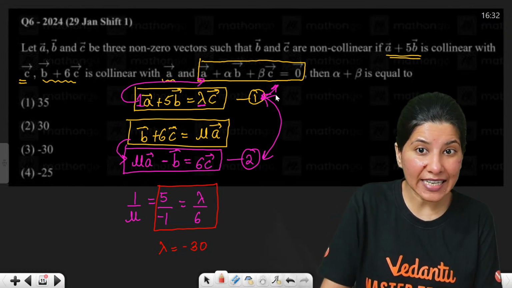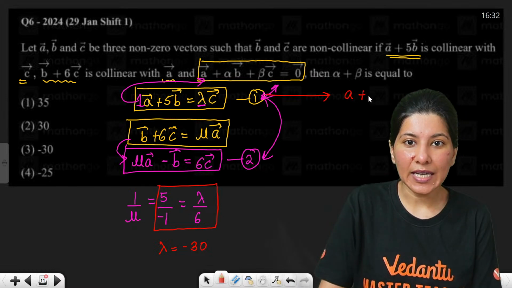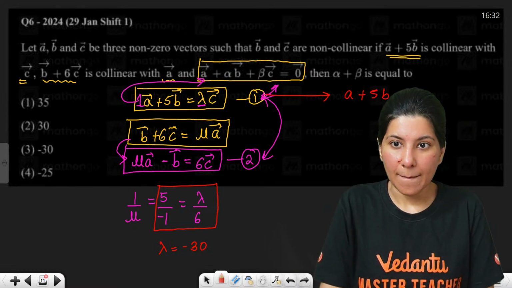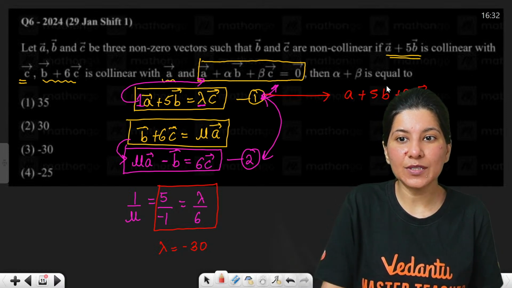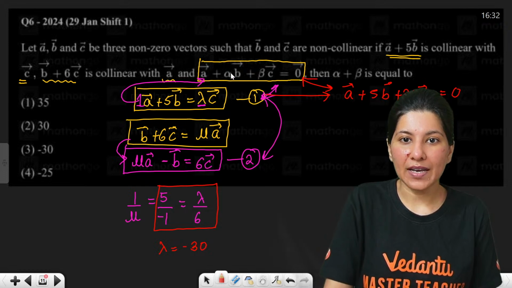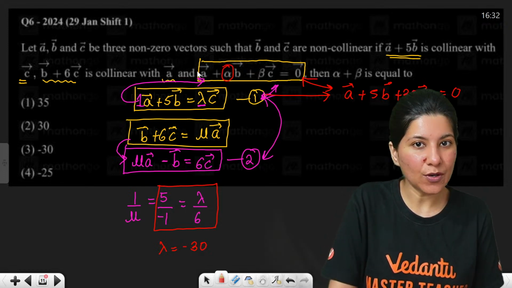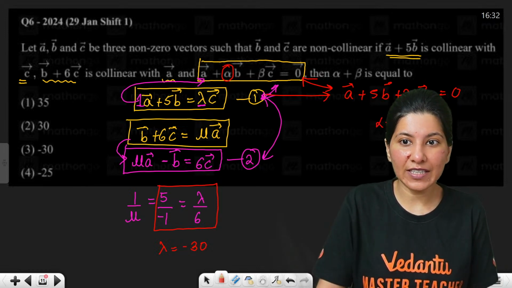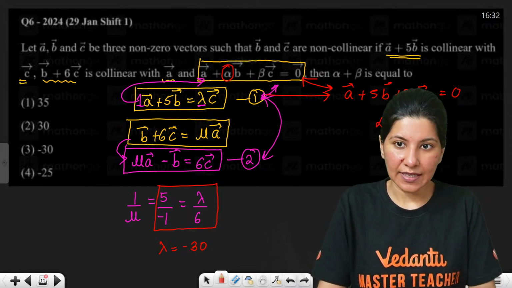So if I rewrite equation number 1 now, A plus 5B plus 30C is equal to 0. Now just tell me, if you compare alpha, basically coefficient of A is 1, coefficient of B vector is alpha. So alpha equals 5 from here, right?